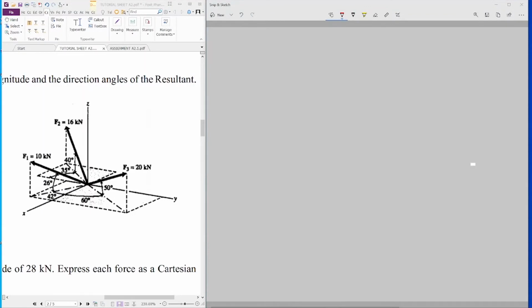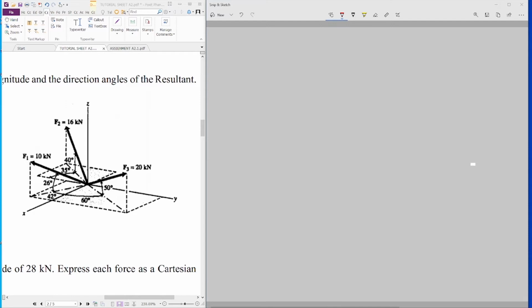Welcome to question 3b of our assignment, our tutorial sheet. So we see that we have F1, F2 and F3, and they've given us the angles with respect to the XY plane, also the angles with respect to the axes X and Y. So those are the angles we are supposed to use to find the components, and then we sum the components together.